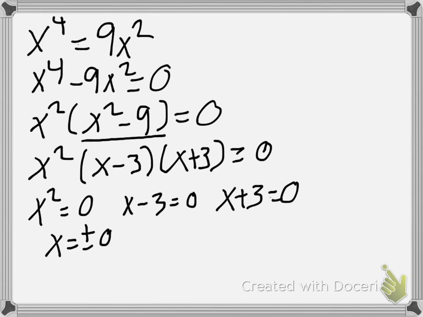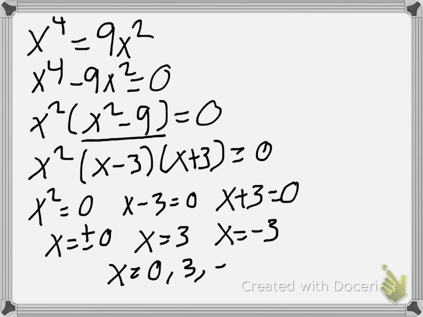Well, that's kind of useless. Plus and minus 0 are the same thing. I get x equals 3 and x equals negative 3. So my solutions are x equals 0, 3, and negative 3. And that's it for number 1. Easy enough?